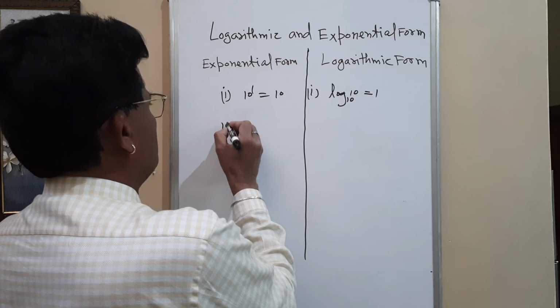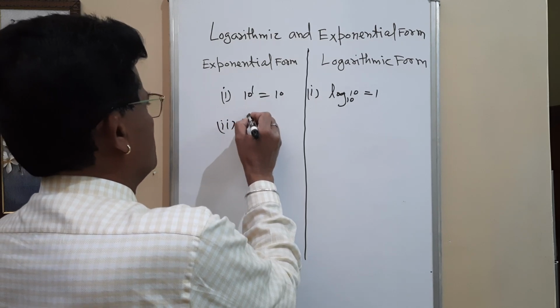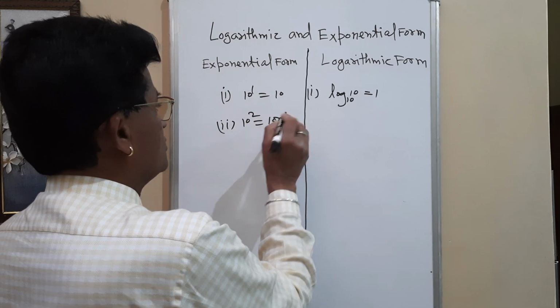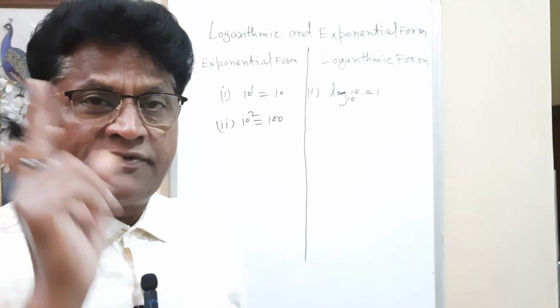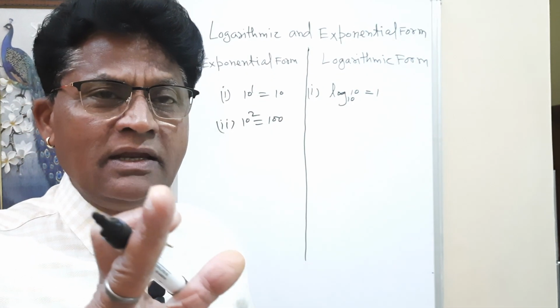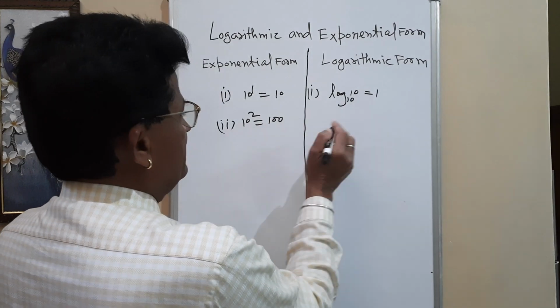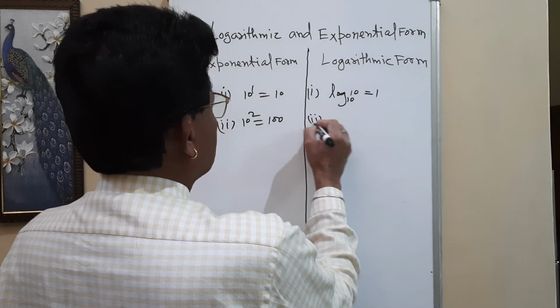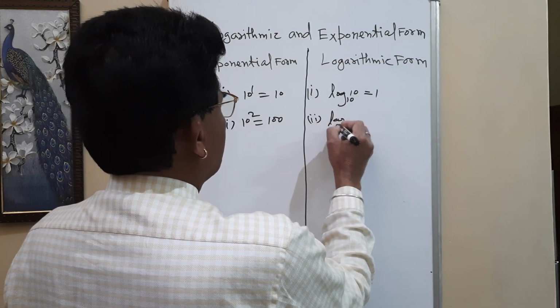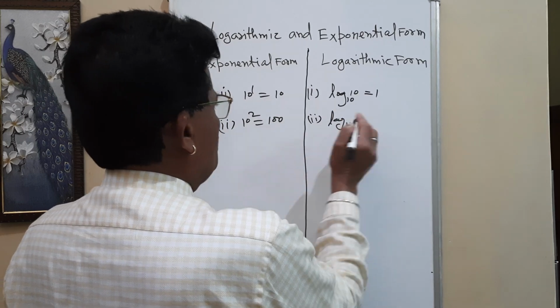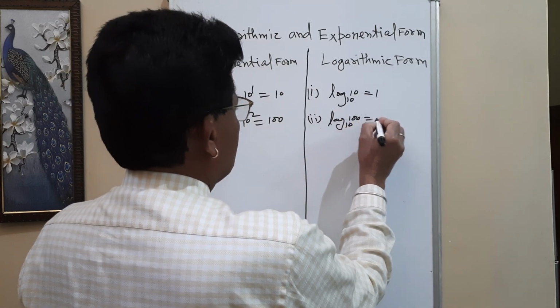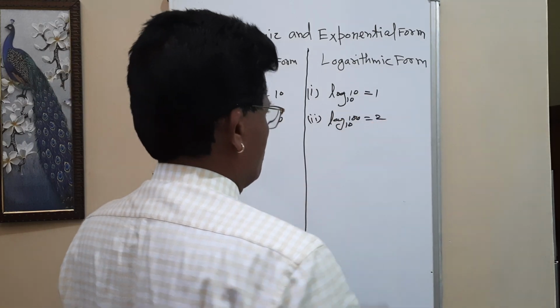Let me take the second example. 10 to the power 2. I am telling you a very important thing: whenever you find out, the log table or anti-log table will be required. Base is 10. In the second case, log base 10 of 100 is equal to power 2.